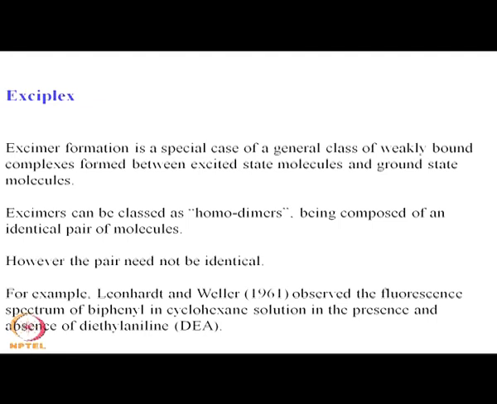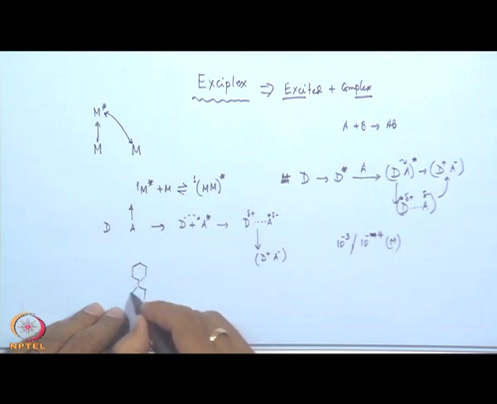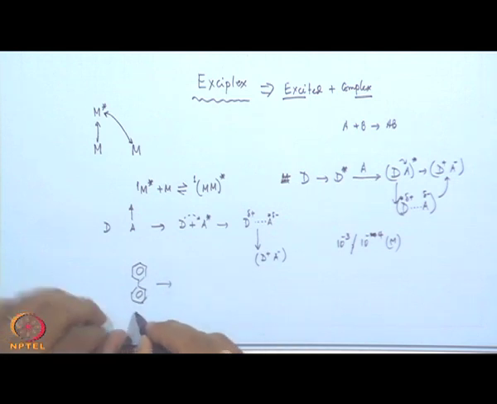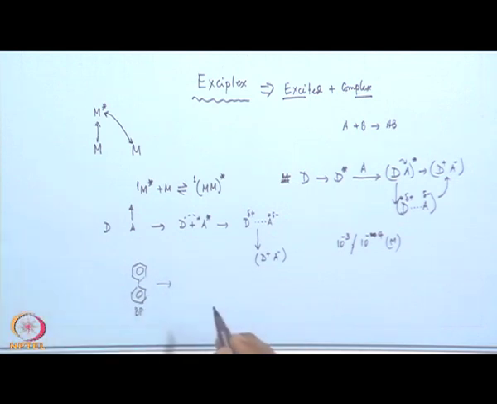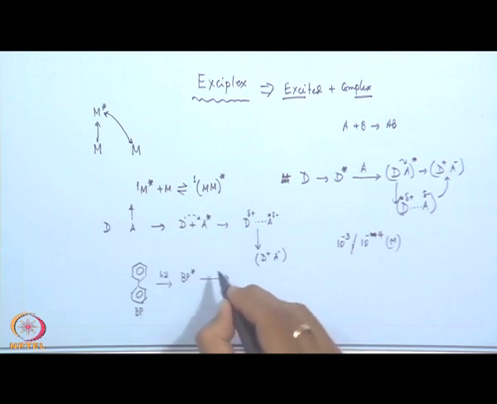So, this is BP, biphenyl, in the excited state giving rise to BP star, and then you add diethyl aniline, or maybe in absence of that.